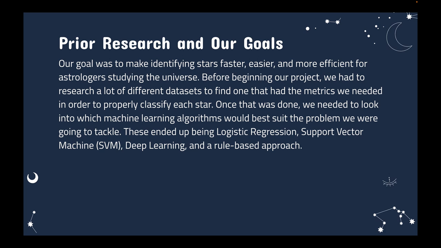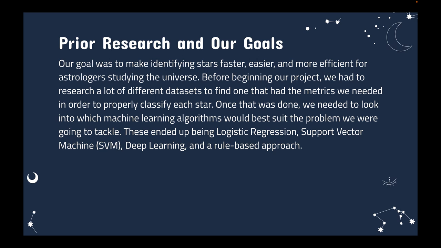So we needed to find one that had enough metrics about stars so we were able to classify them and come to a conclusion about their type. Once we found a good data set, it was time to find a good machine learning algorithm that fitted our needs. This ended up being logistic regression, the support vector machine or SVM, deep learning, and a rule-based approach.